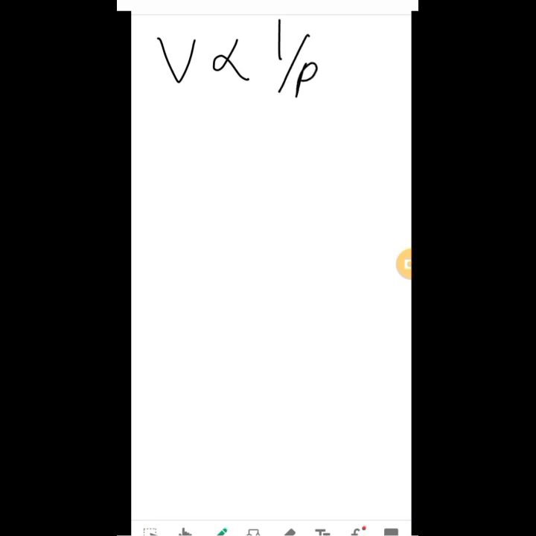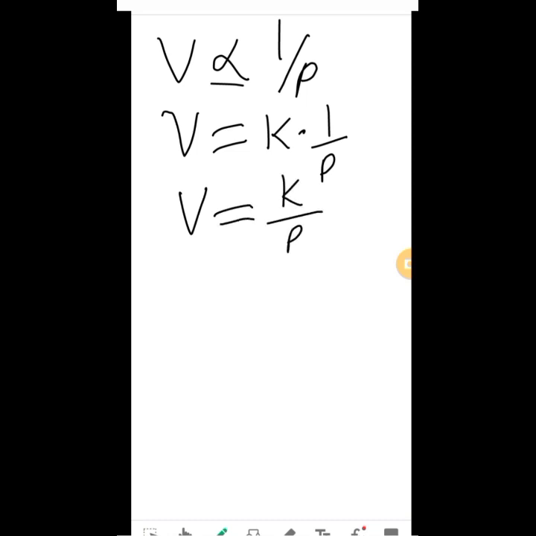To remove the proportionality sign, you have to introduce an equality and a constant K. So it will be K multiplied by 1 over pressure. Then that will give you volume equal to K over pressure.